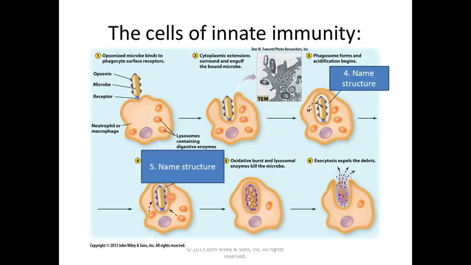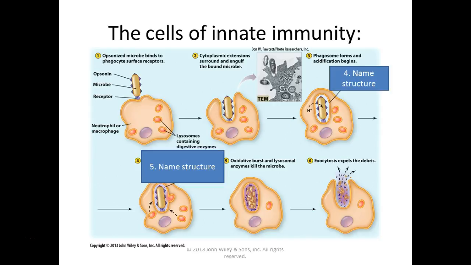They contain things like lysozyme. What does lysozyme do? What on the bacteria does it digest? Peptidoglycan. It destroys peptidoglycan. So it's most effective against gram-positive or gram-negative? Gram-positive. Why? There's more peptidoglycan.